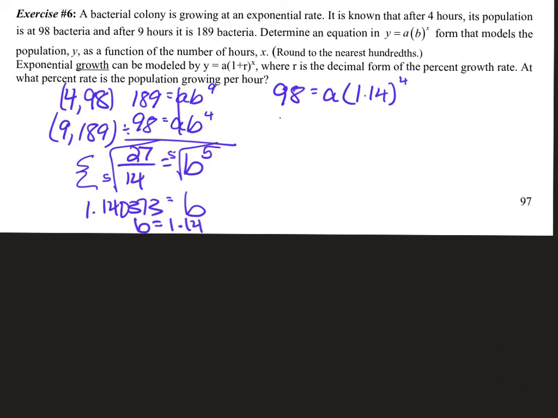And so I have 98 equals, and I'm going to do 1.14 to the power of 4 and see how crazy that is. So I get 1.6889a. I'm going to divide both sides by that.